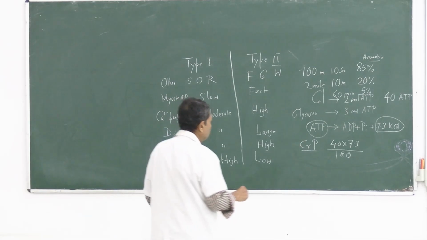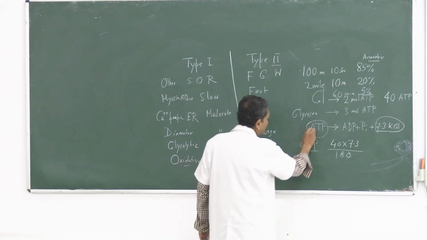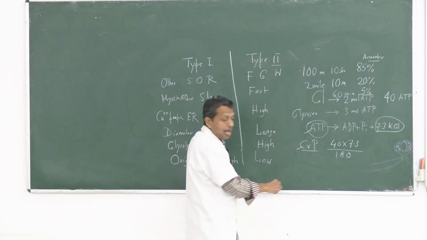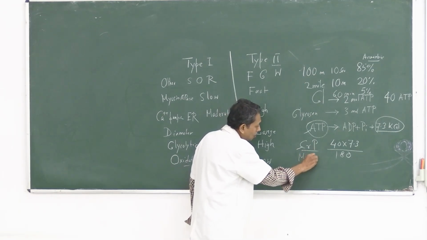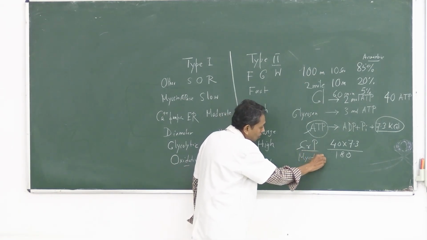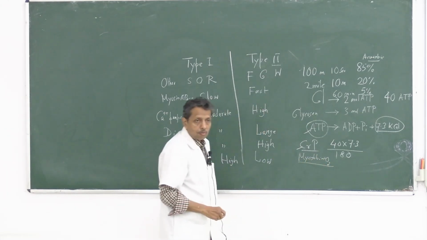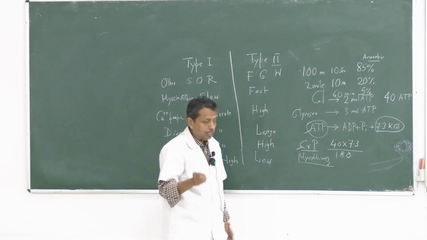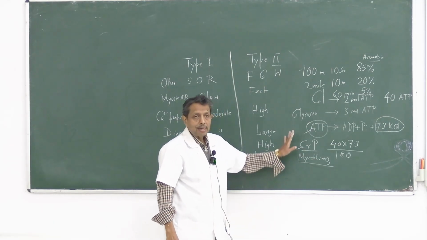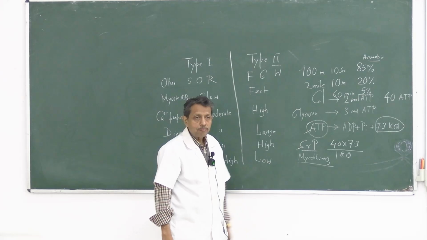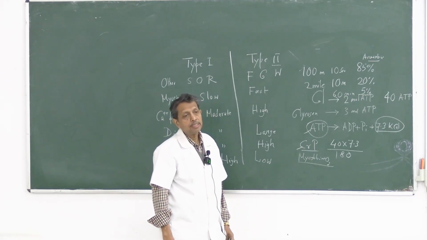ATP is formed, some creatine phosphate is formed, and also myoglobin plus oxygen is formed again. Whenever there is anaerobiosis, oxygen is liberated from myoglobin, and this continues for some time. It is the oxygen debt.